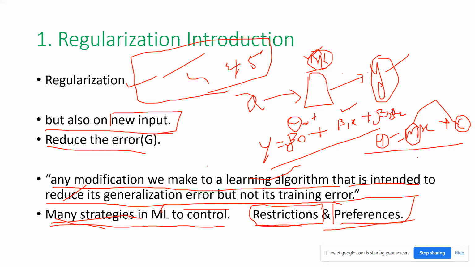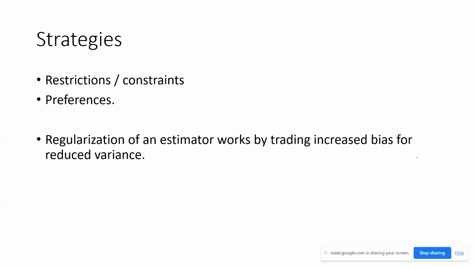Based on that preference, we are modifying, and that modification will reduce the error. This is the way we do regularization strategies. These strategies, restrictions, are also called constraints. Another one is preference.